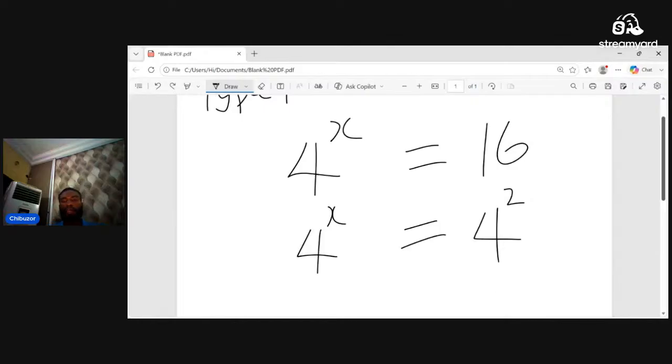So since we have that 4 raised to power 2 is equal to 16, we have succeeded in matching the bases. The bases are now the same thing. So we cancel out 4 since we have the same bases. That is x is equal to 2. That is the answer. Correct.